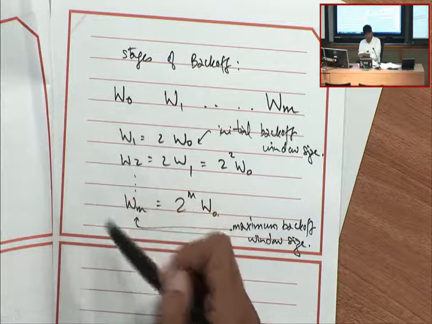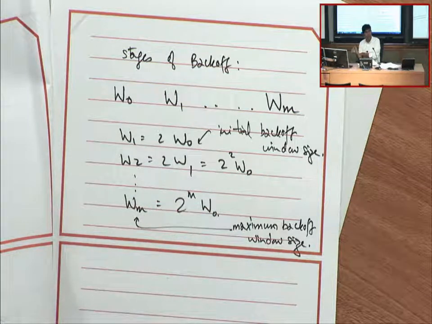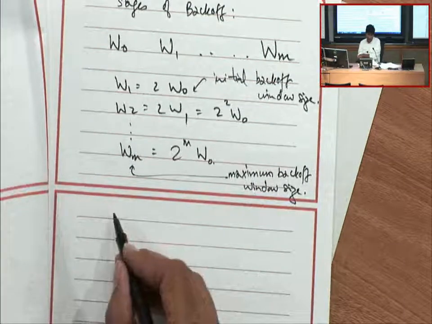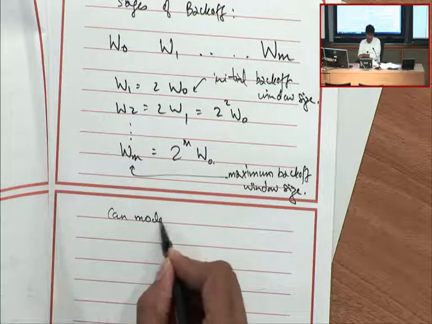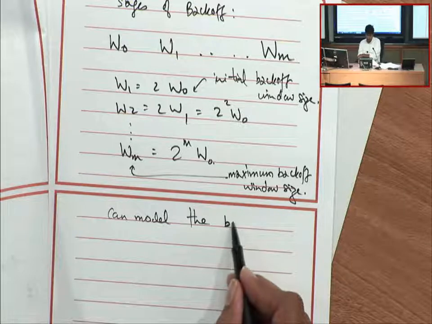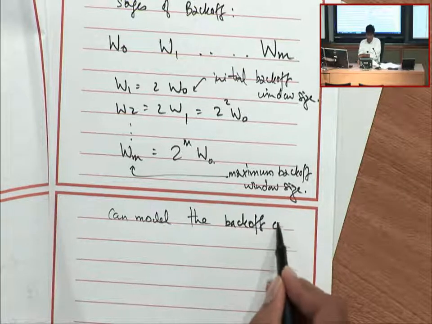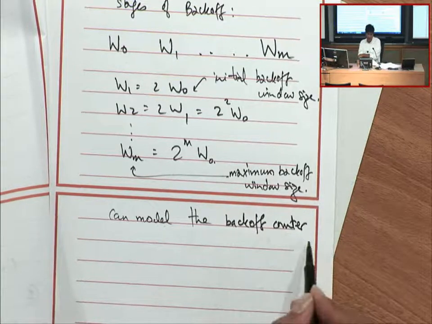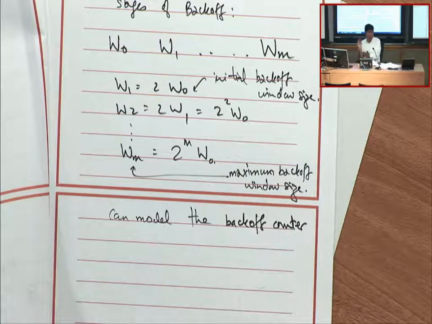And this whole process of switching between different states, depending on whether there's been a collision, and decrementing those back-off counters at each time, can be modeled by a Markov chain. Okay, so basically, the back-off counter is the counter that is decremented from that initial random variable that you pick.